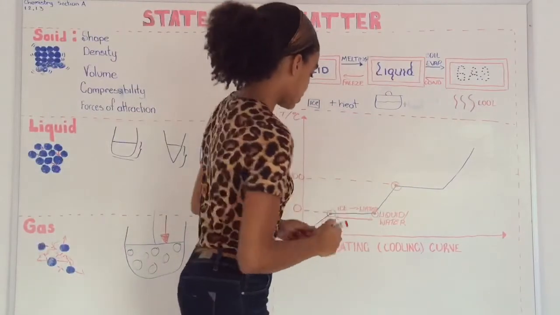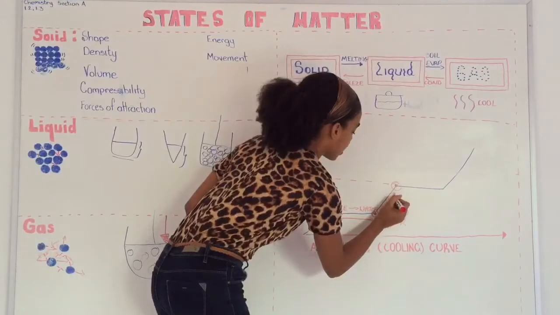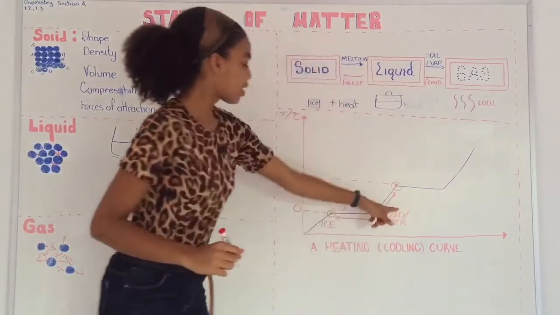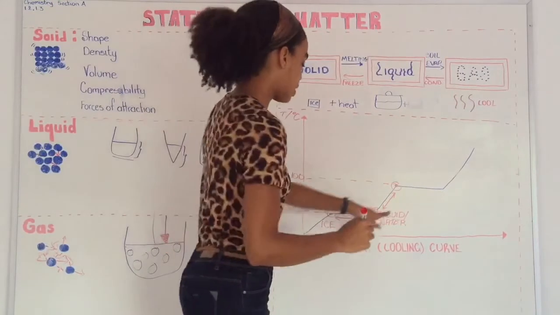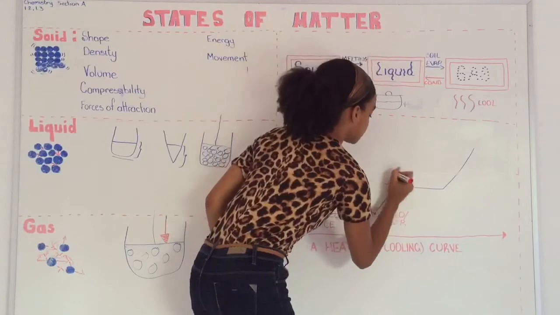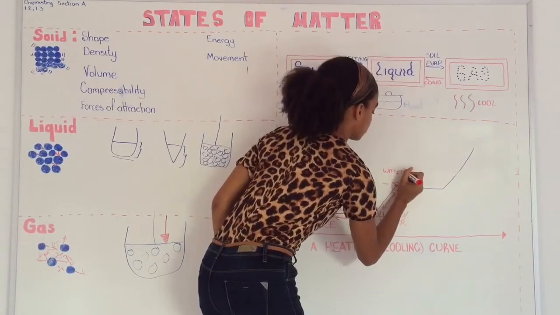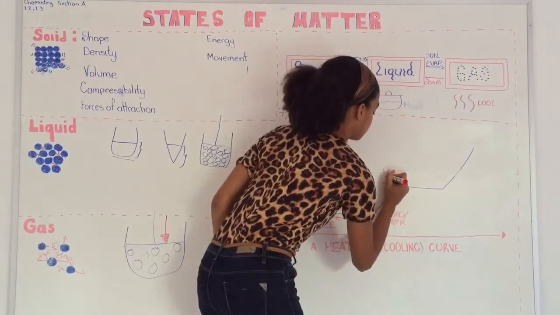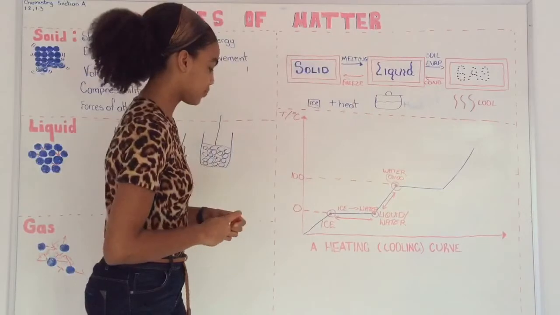So at this point, as the graph rises, the liquid or water is gaining some energy, and it becomes water at 100. So that's boiling right there.